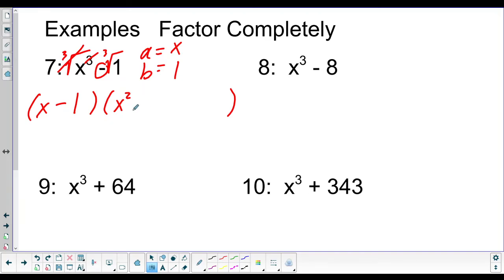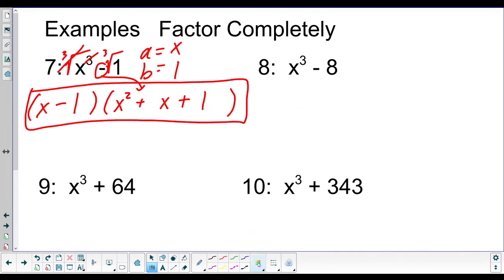SOAP O, opposite of what's in the problem. So we're going to put a plus sign because the problem has a minus. A times B in the middle. So X times 1 is just X. A, P at the end. Always positive. B squared. 1 times 1 is 1. And that's the answer.